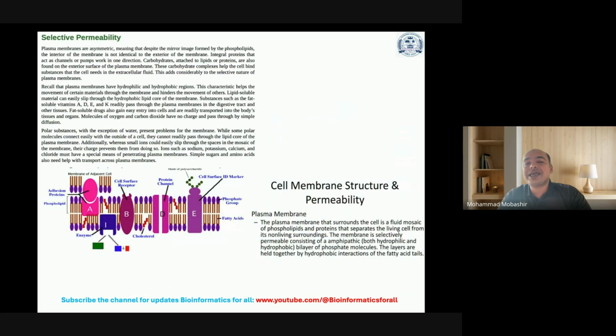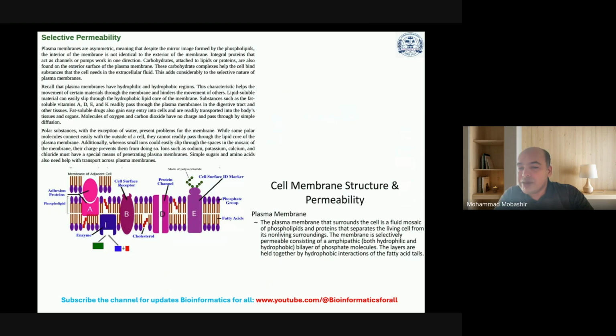Now it comes to selective permeability. As I mentioned in the last class also, selective permeability is nothing but making some molecules either pass or not based on some selectivity, that is how the cell membrane works. It is one of the most crucial functions of the plasma membrane, or cell membrane.